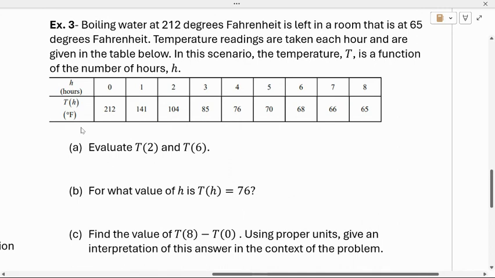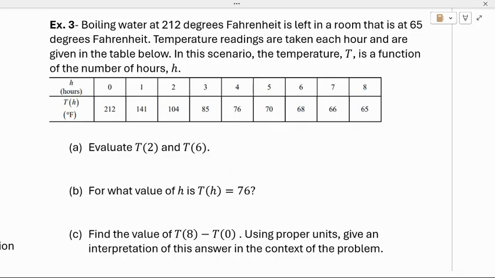Question number 3. Boiling water at 212 degrees Fahrenheit is left in a room that is 65 degrees Fahrenheit. Temperature readings are taken each hour and are given in the table below. In this scenario, the temperature T is a function of the number of hours. So it's a function of time.